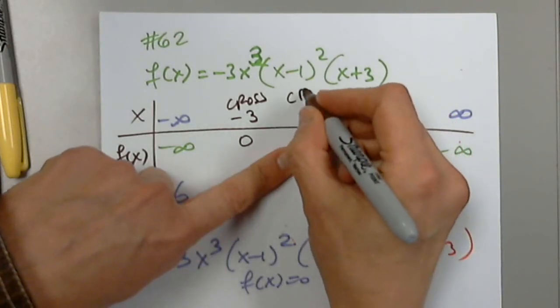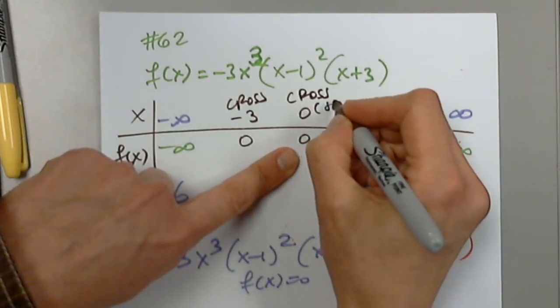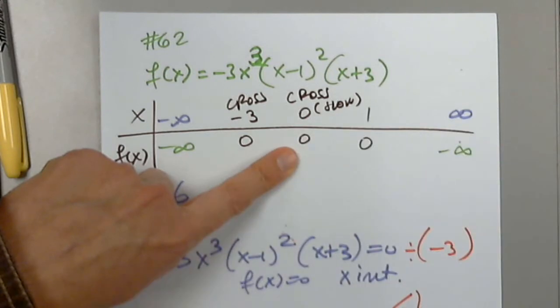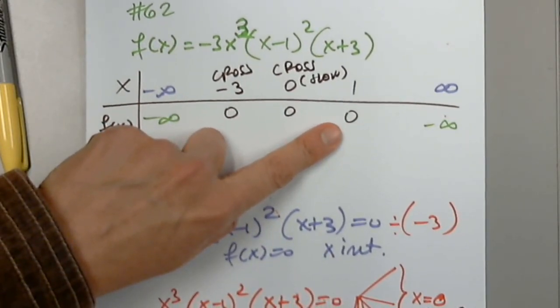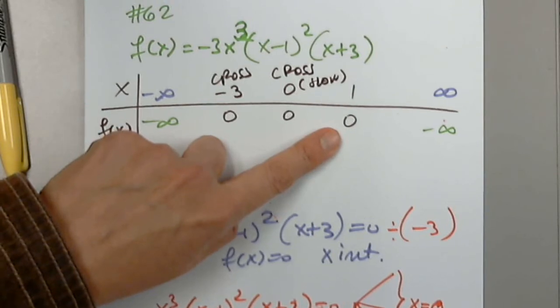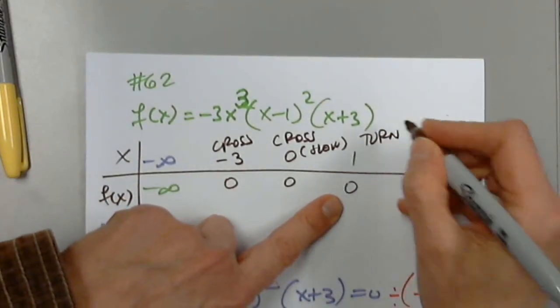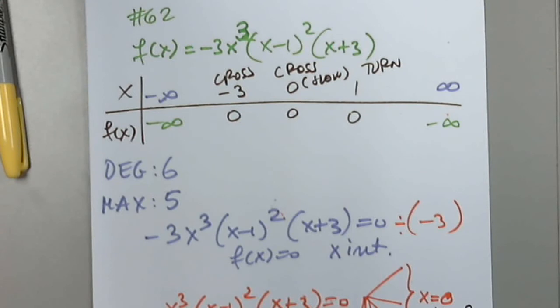But slow. Yeah. Slow. Good. What do I write for 1, 0? Turn. Very good. Perfect. What about the y-intercept? How do I get the y-intercept for any function? I make x 0. Good, I already have it, right? 0, 0. That's it, I'm done.